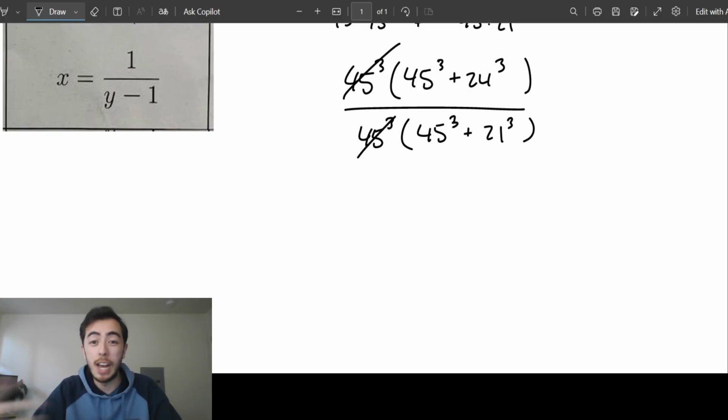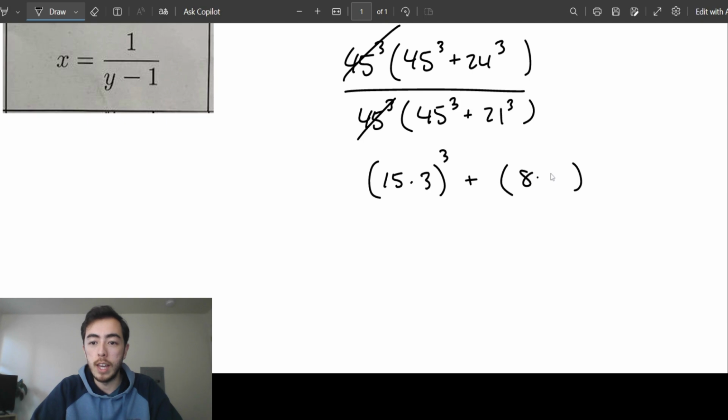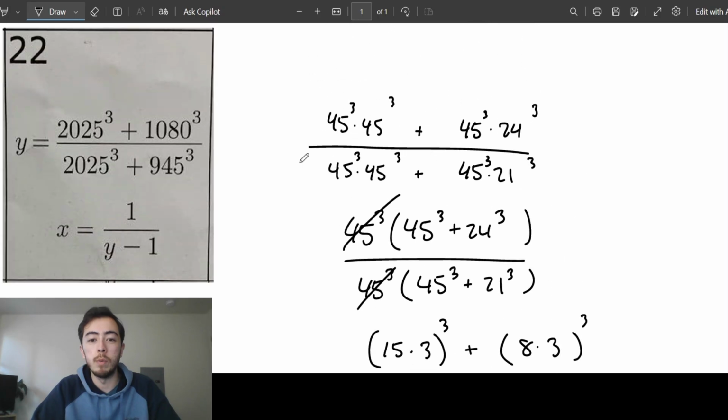And actually, now that these numbers are smaller, like the 45, the 24, the 21, I also notice that these are all multiples of 3, right? Because 45, that's going to be 15 times 3. 24, that's 8 times 3. Here's another 15 times 3. And then this is going to be 7 times 3. And so I want to do this part a little bit more quickly.